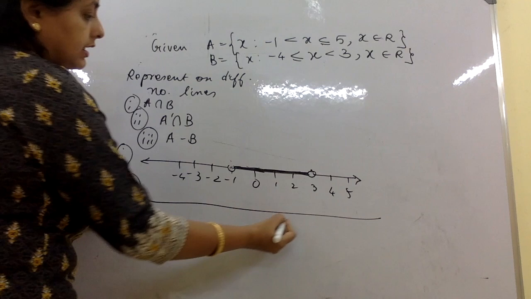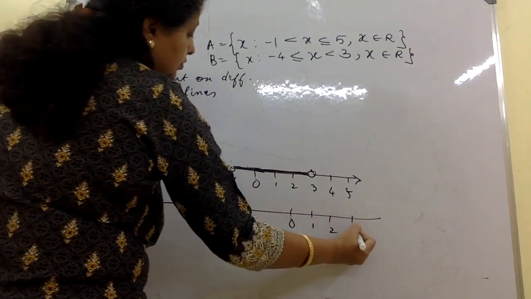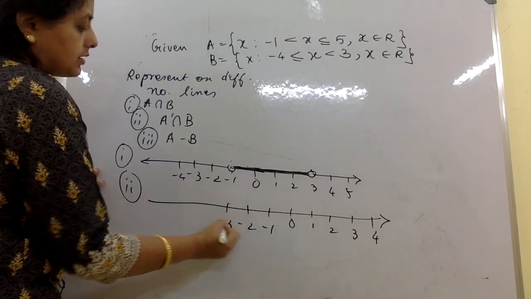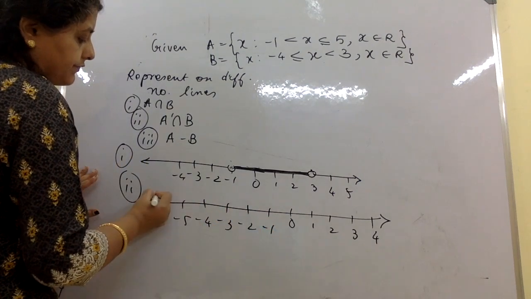So here again I'll write 0, 1, 2, 3 and 4, and minus 1, minus 2, minus 3, minus 4 and minus 5.